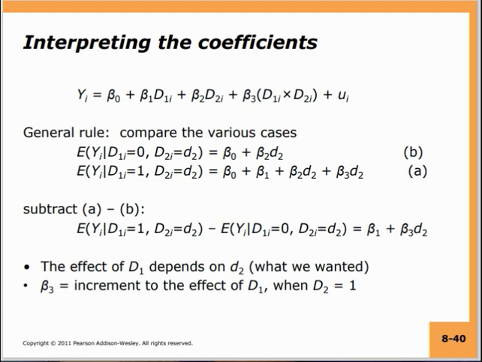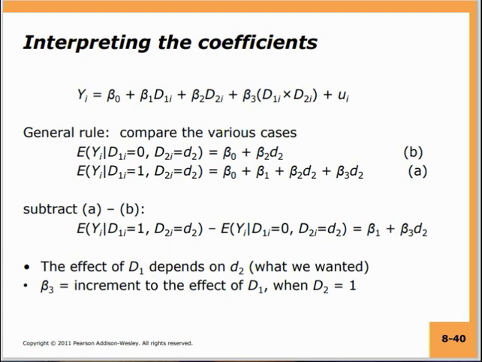If you allow d1 to be 1 and d2i remains constant at whatever level it was before, that is d2, then you get beta 0 plus beta 1 plus beta 2 d2, and here d1 takes a value of 1, so the interaction term becomes beta 3 d2.